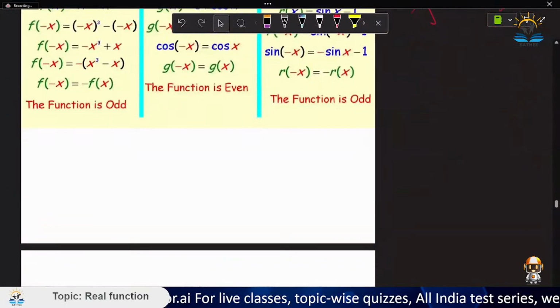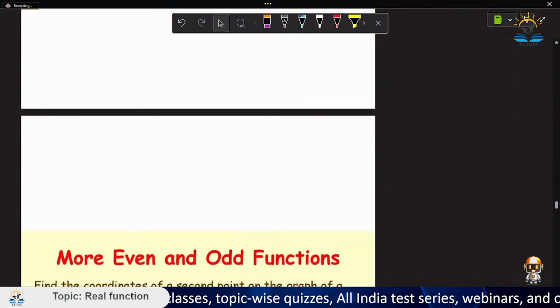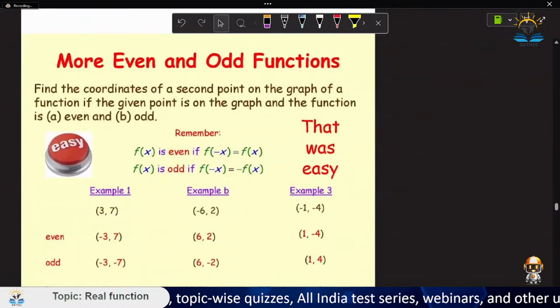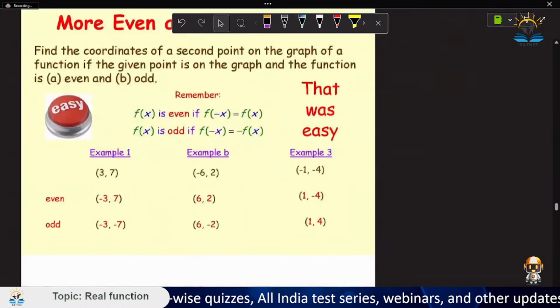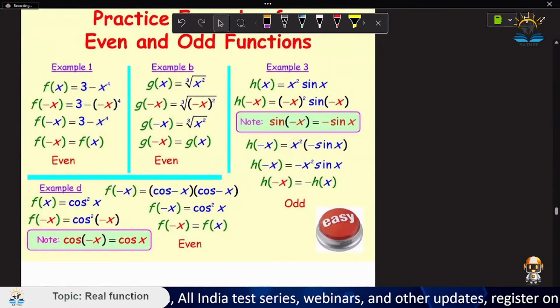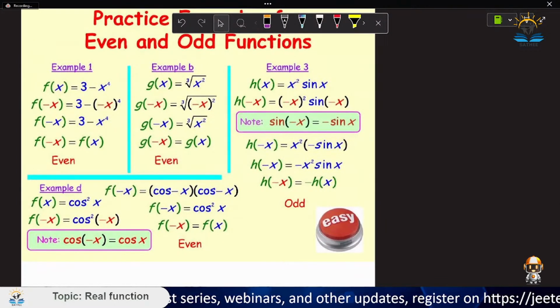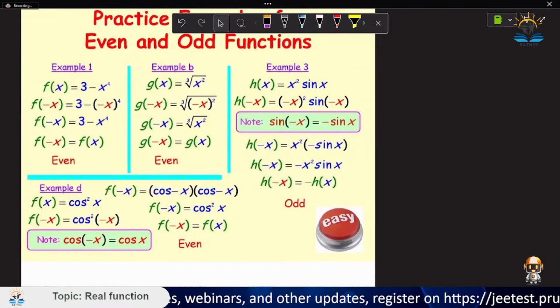Okay, so let's move to another question. Let's do some practice on what odd and even functions look like.